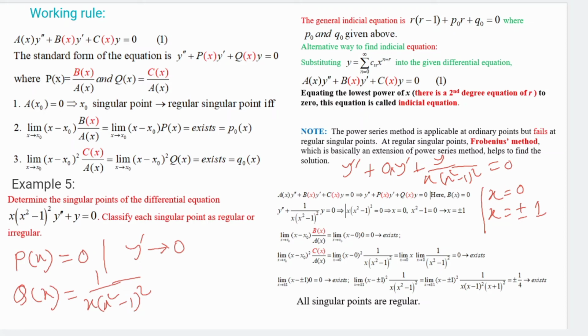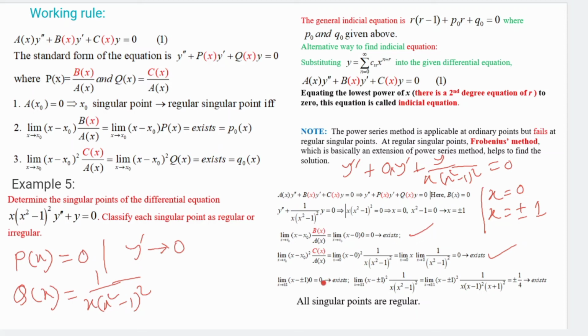But when we find the limit for x equals 0, p of x exists and q of x also exists. That means the limit exists, so x equals 0 is a singular point.